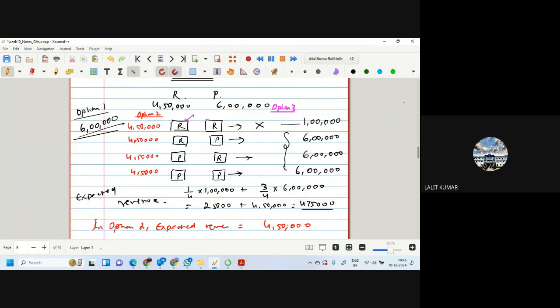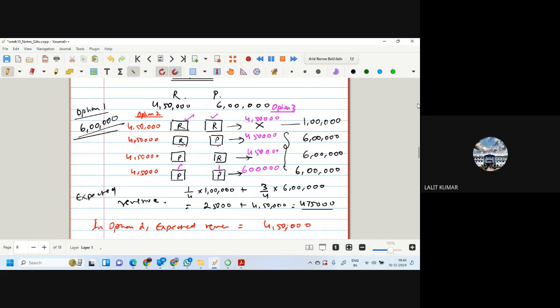Who will win? R will win. Both are bidding 4,50,000. So expected 4,50,000. R and P: P will win, but he will pay 4,50,000, the second price. Here also 4,50,000. Here P will win, but he will pay 6 lakhs because the second bidder is also 6 lakhs.